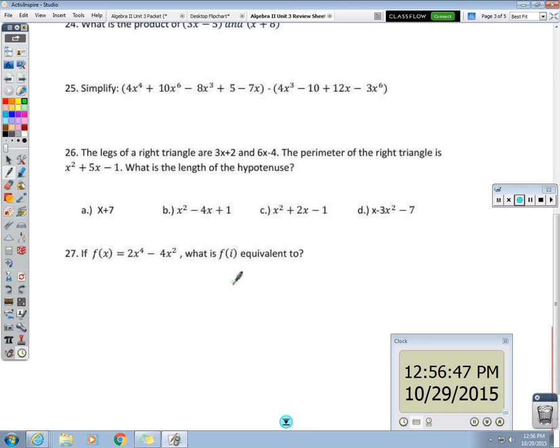Simplify 4x to the 4th plus 10x to the 6th minus 8x cubed plus 5, minus 7x, minus, that's a minus sign, it's just little, 4x cubed minus 10 plus 12x minus 3x to the 6th. What's the first thing we have to do for this one? Distribute that negative to everything after it.